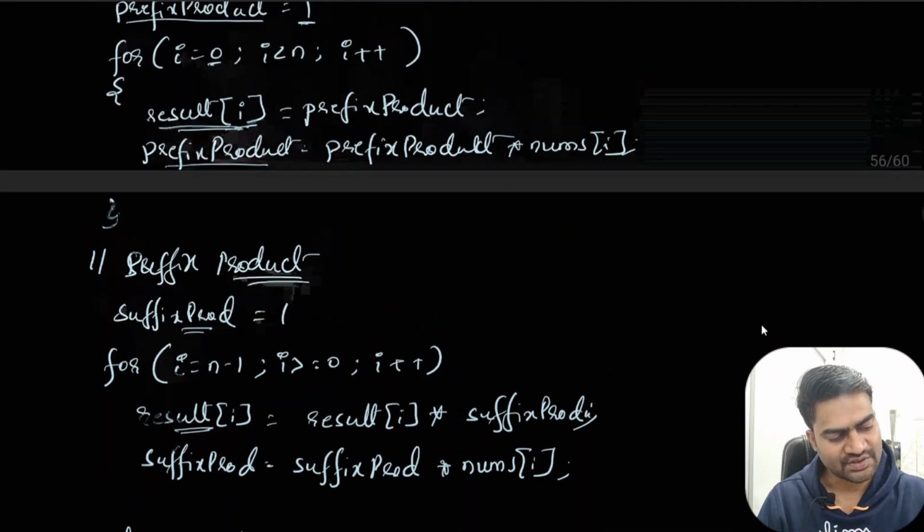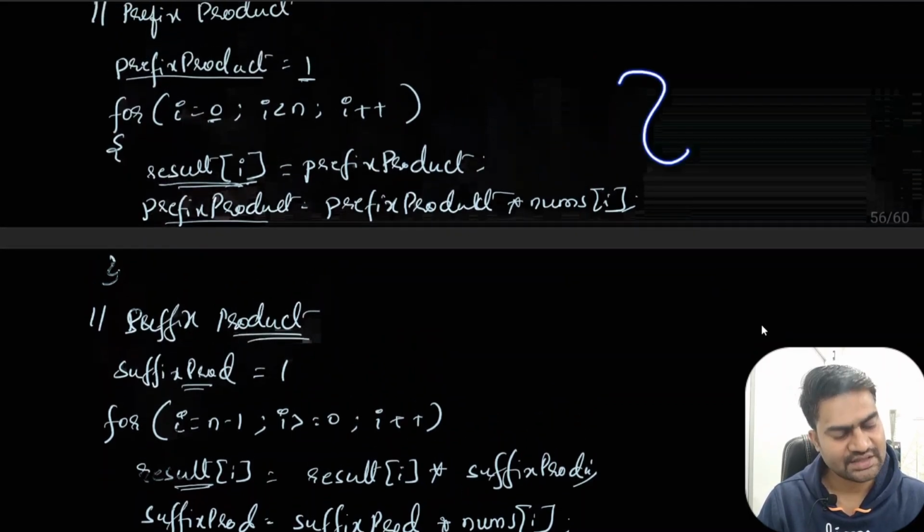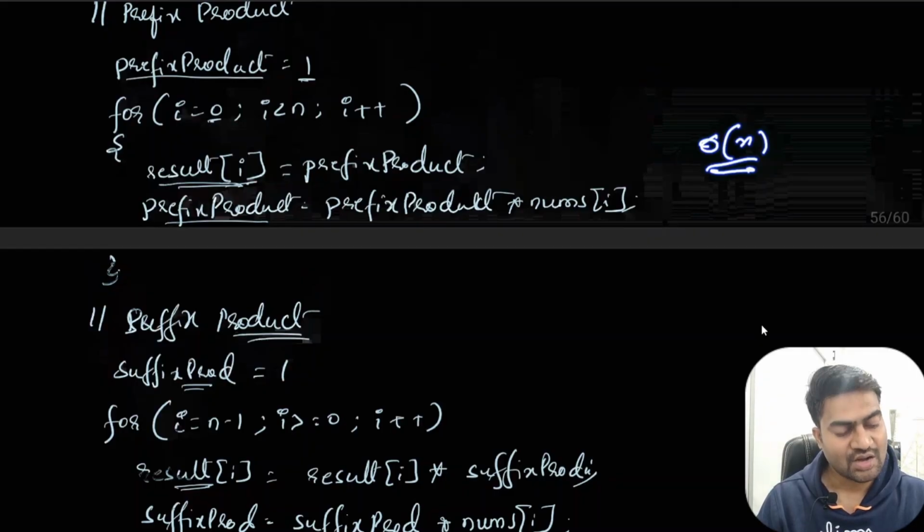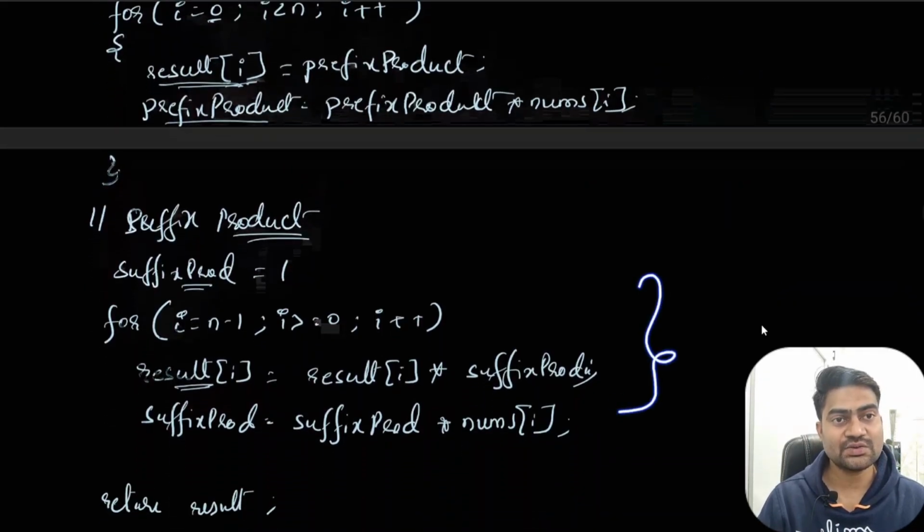So now if you see, we use this iteration, this O of n, to compute the prefix product, and again this one to finally multiply the suffix product and place the number at the right place.